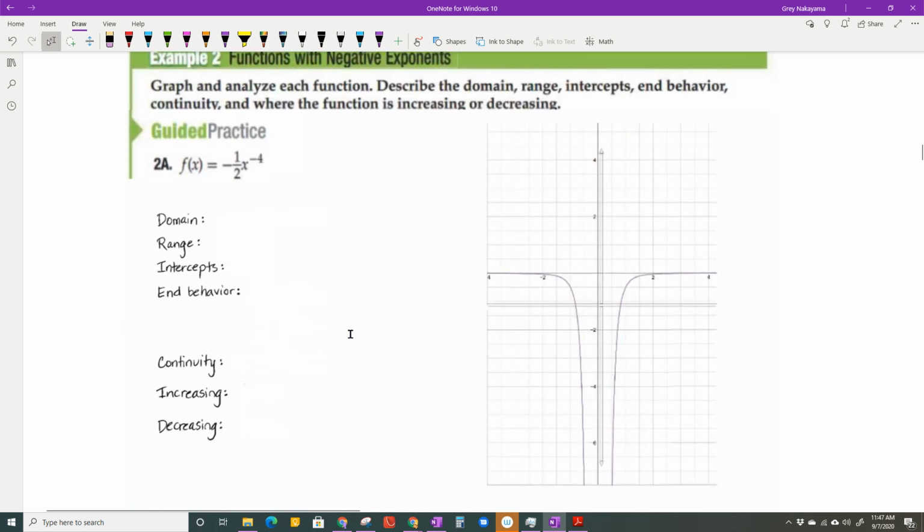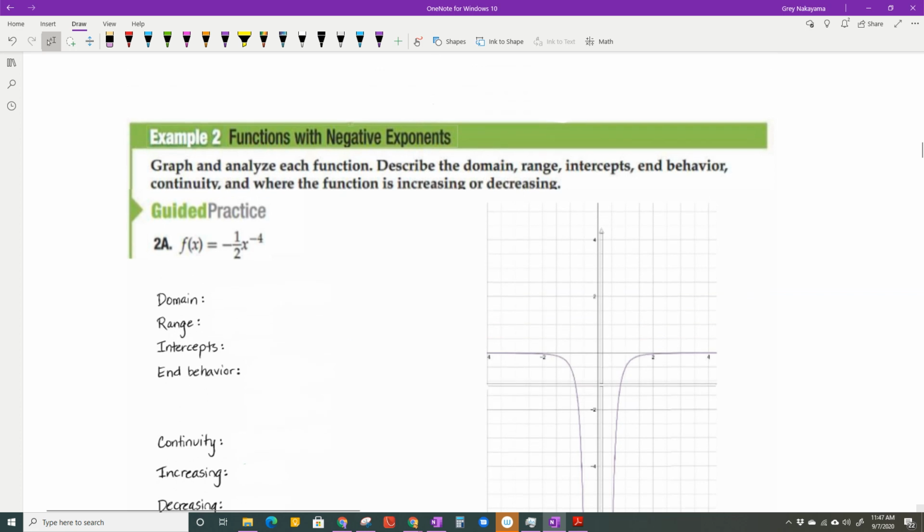Then we get into the negative exponents, okay? So when you have a negative exponent, y'all, you need to think about the fact, I'm only talking about negative integers right now, and if you have a negative integer, you're going to have some type of infinite discontinuity, because the negative integer puts that in the bottom. So that's negative 1/2, and the x to the 4th is like 1 over x to the 4th.